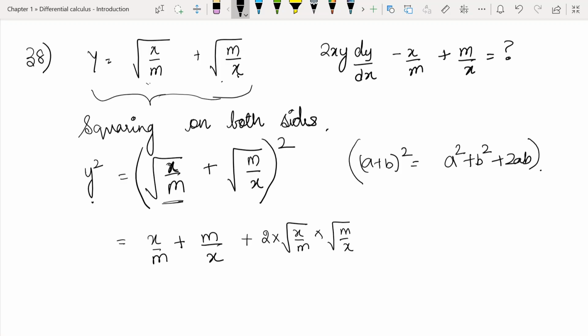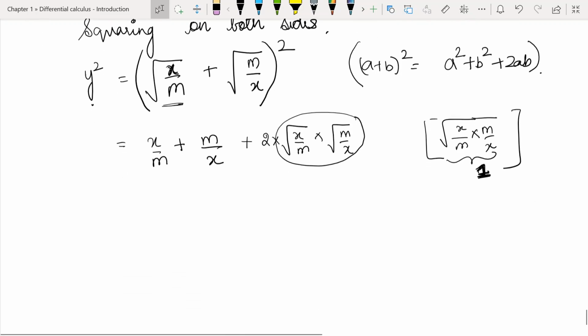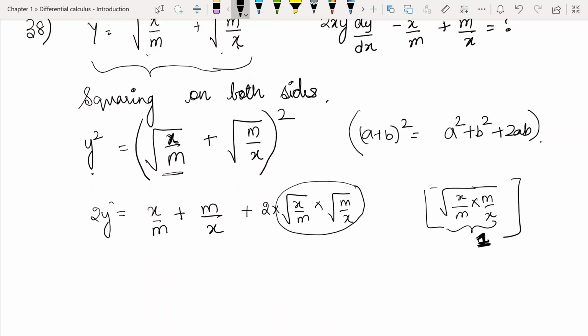So I can cancel this term, because I can apply a single root here and make it x by m into m by x. So this term becomes 1. Okay. So what remains is only a 2 here. So this is all nothing but 2y square.